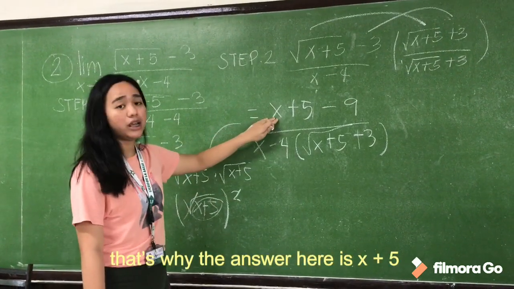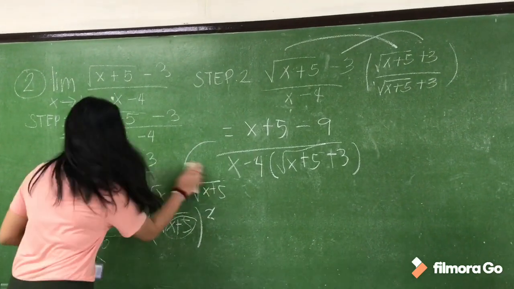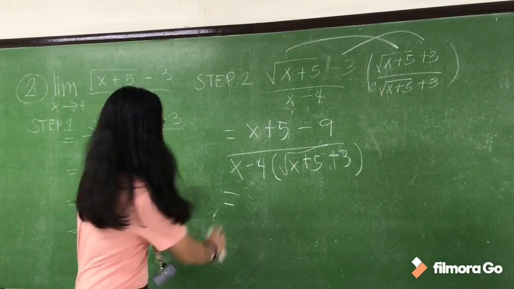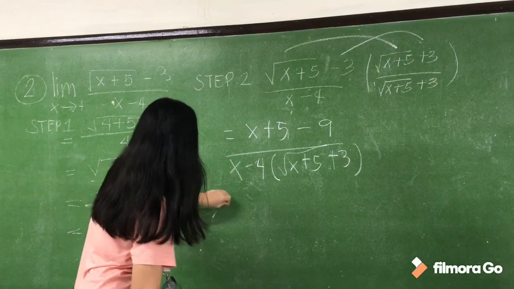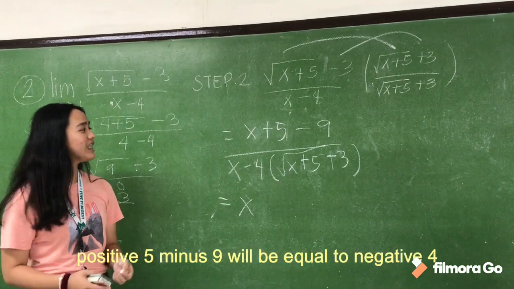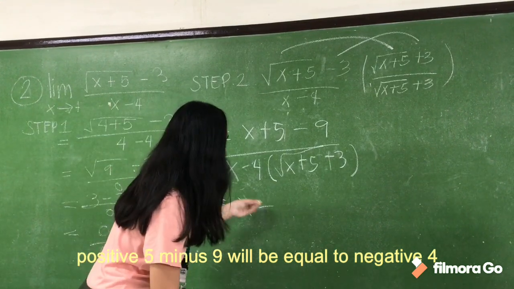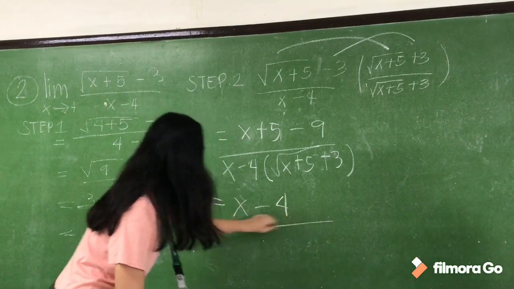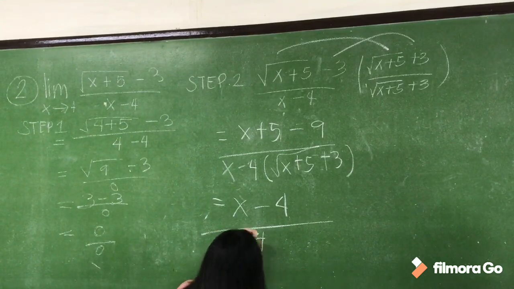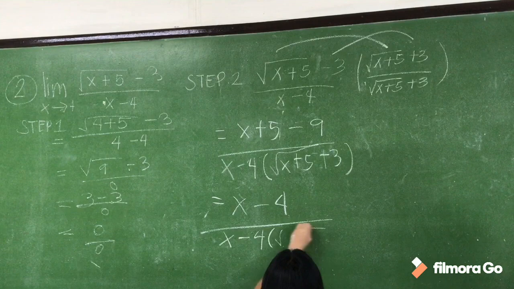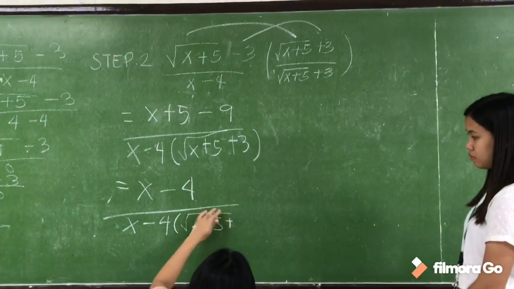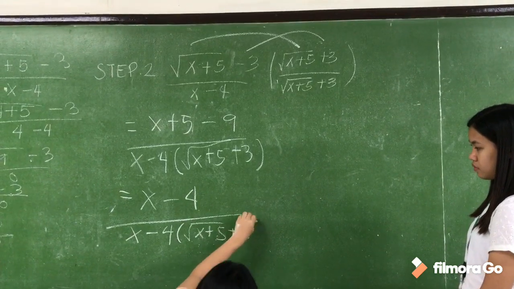That's why our answer here is x plus 5. So x plus 5 minus 9 will be equal to x minus 4, over, just copy the denominator, square root of x plus 5 plus 3.